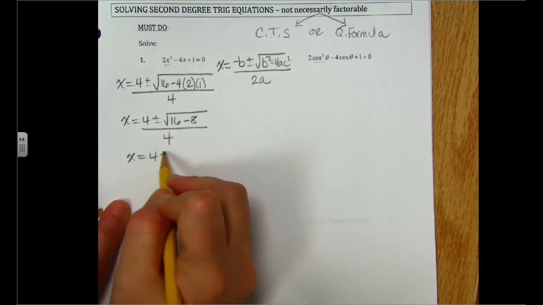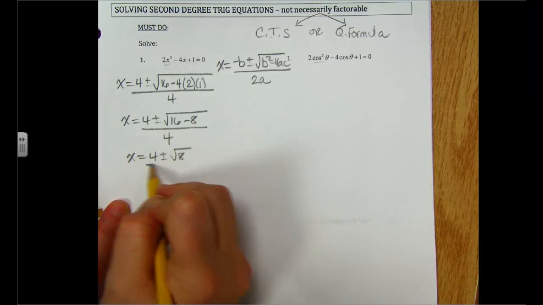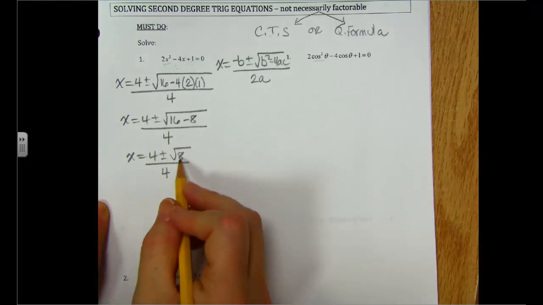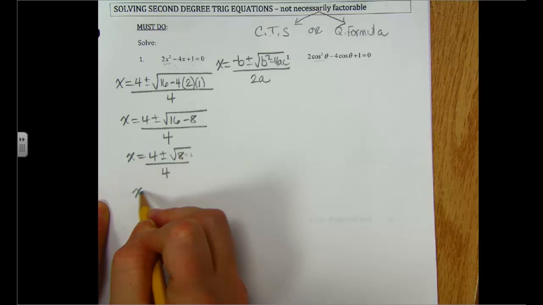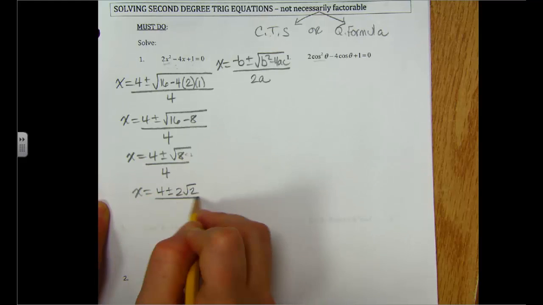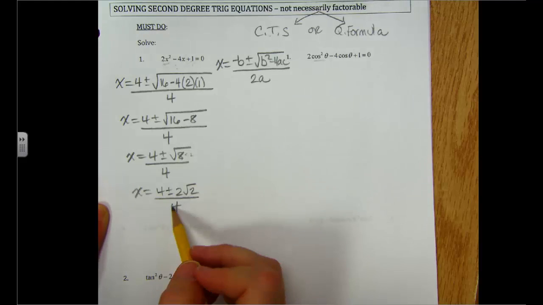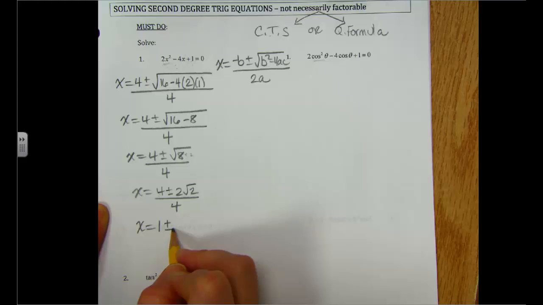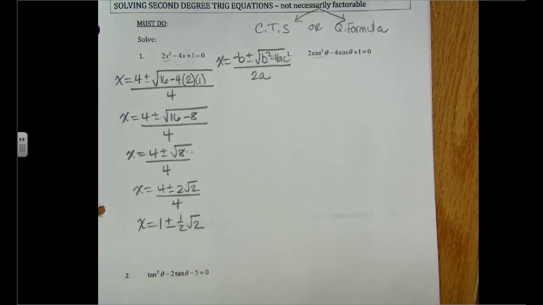So we have 4 plus or minus the square root of 8 over 4. We can simplify that square root. This is 4 times 2. So we have 4 plus or minus 2 root 2 over 4. You can reduce. 4 divided by 4 is 1. 2 divided by 4 is 1/2. You can reduce your coefficients. So solving algebraically, I would be done.